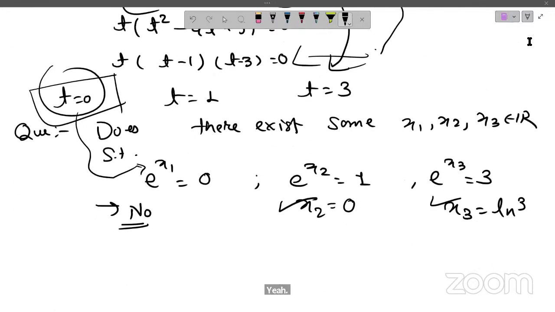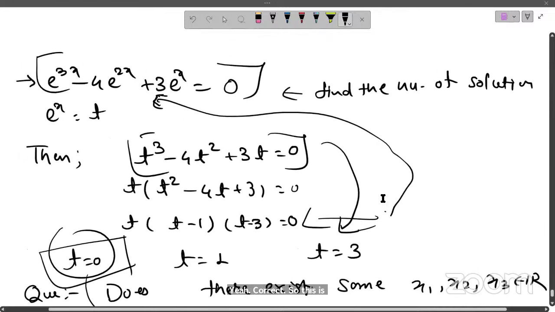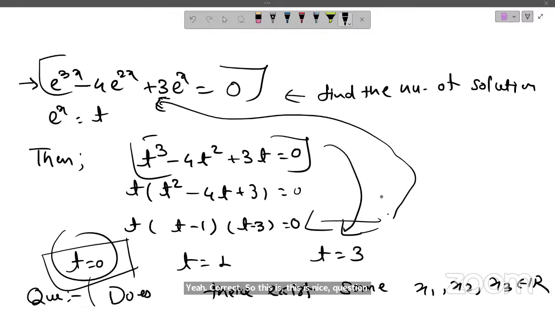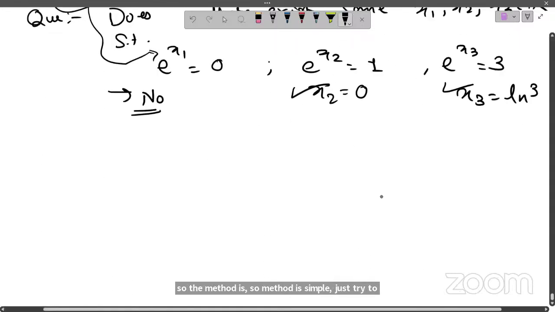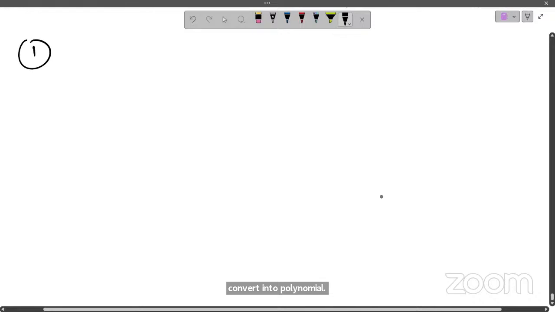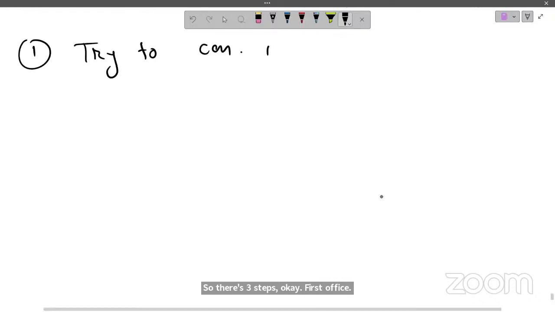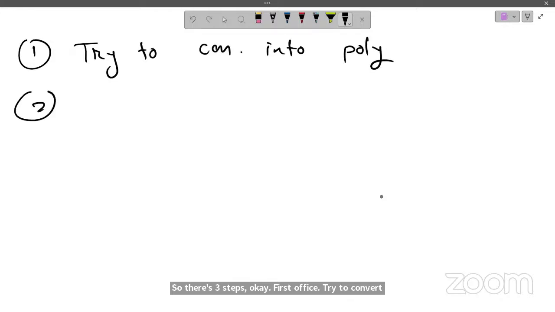Correct. So this is a nice question. The method is simple: just try to convert into a polynomial. There are 3 steps. First step is to convert into a polynomial. Second step is to find the roots.